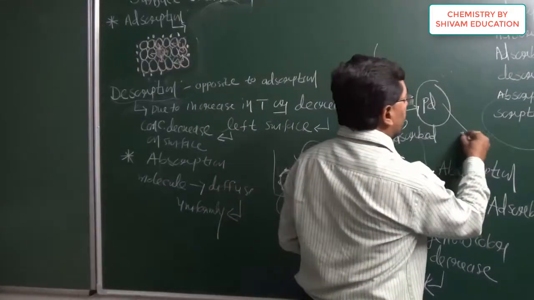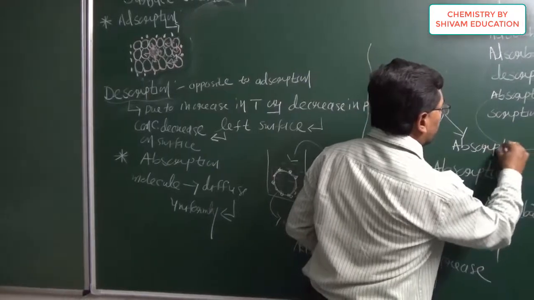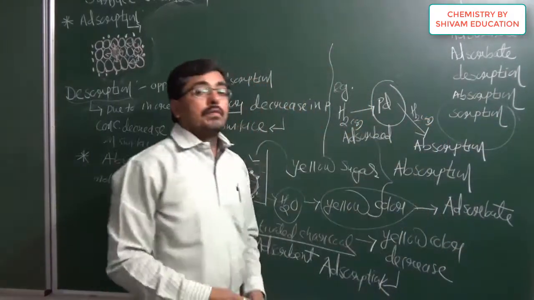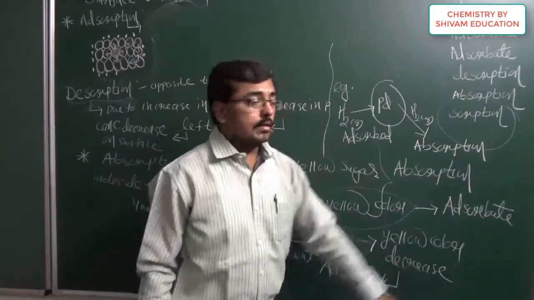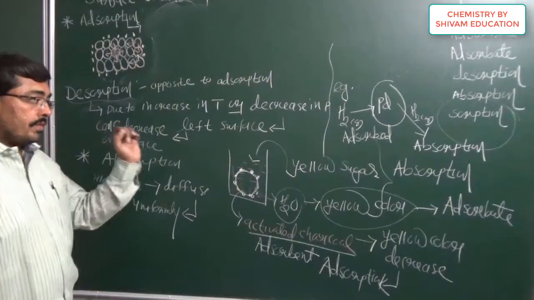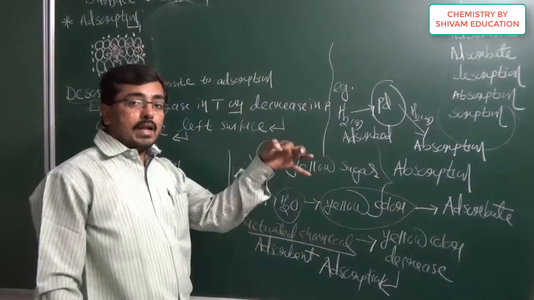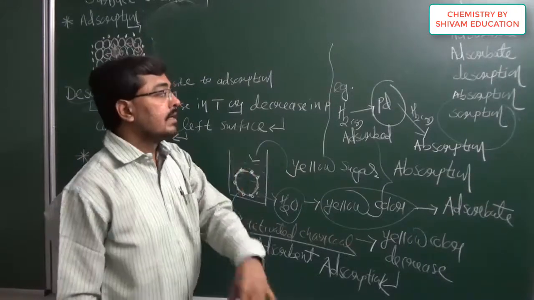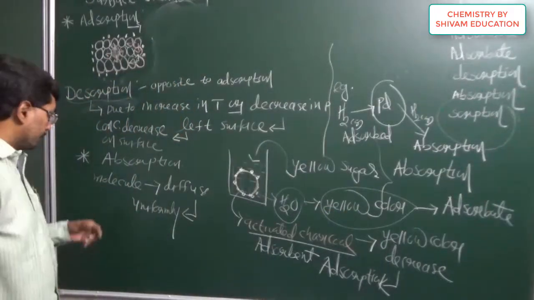Then absorption occurs. So here first adsorption occurs, then absorption occurs, then it is considered as sorption. So we can define sorption in this way: when adsorption and absorption occur simultaneously, means one by one, then such a phenomenon is considered as sorption.